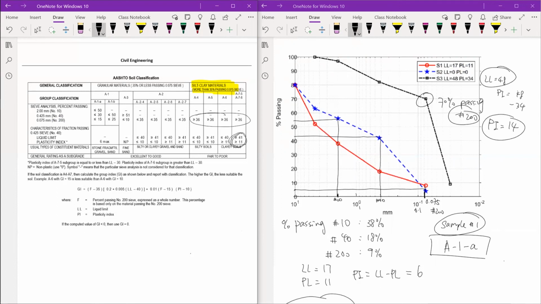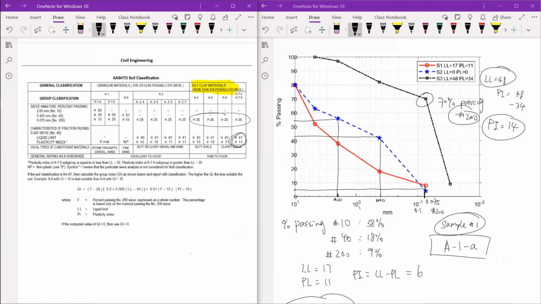So we could be either A-7-5 or A-7-6. If we look further at the sub notes here, 30 is the landmark between 7-5 and 7-6.